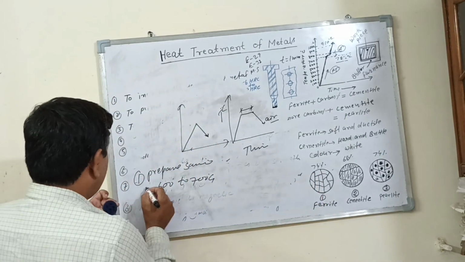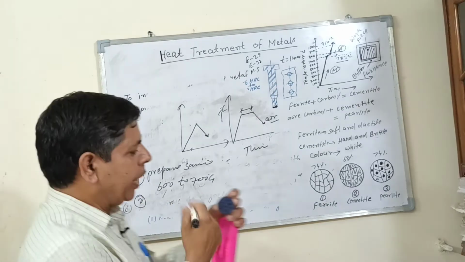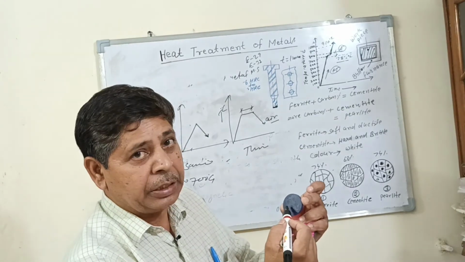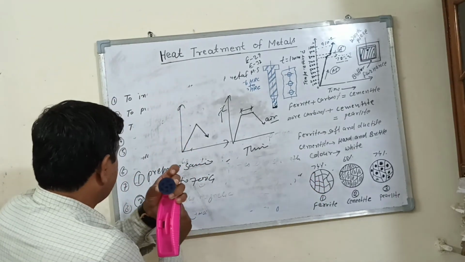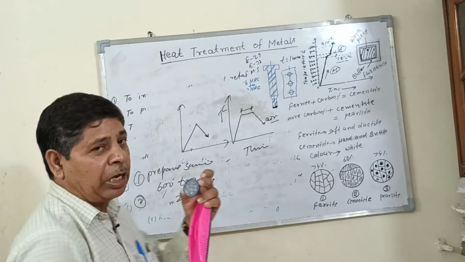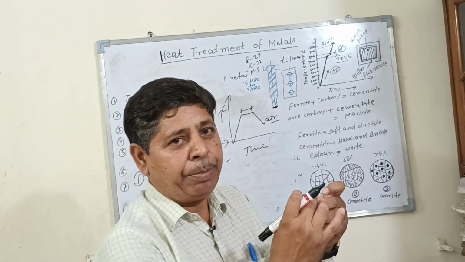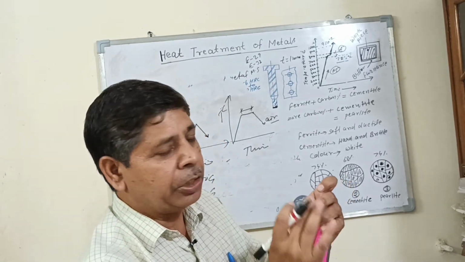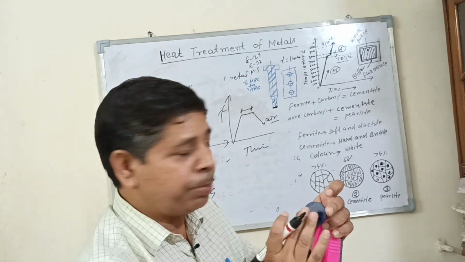Number 2 is again finishing this surface with emery paper, 2000 grade emery paper is used, again finishing the surface of this specimen.